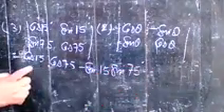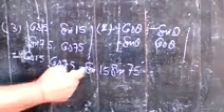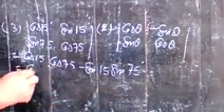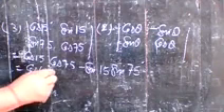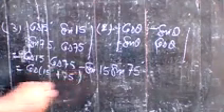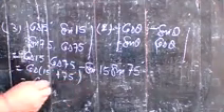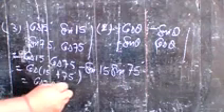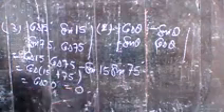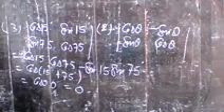And cos A cos B minus sin A sin B is equal to cos(A plus B). So you have cos(15 degree plus 75 degree), which is cos 90 degree, and cos 90 degree is equal to 0.